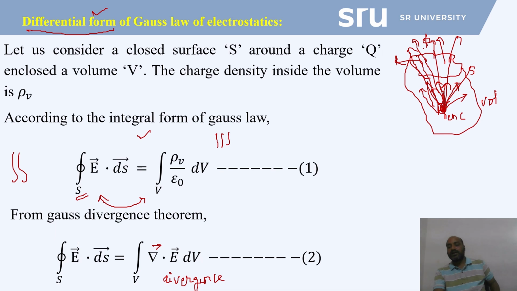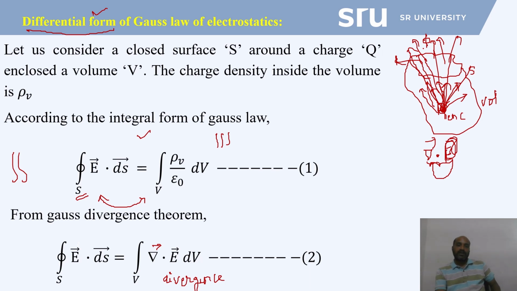Mathematically, the nature of this spreading is explained with divergence, del dot that vector. Here that vector is the electric field. So del dot E means that the electric field is spreading, coming out from the volume.